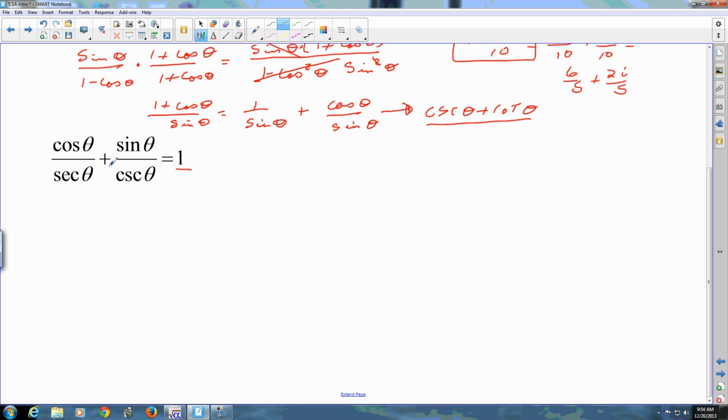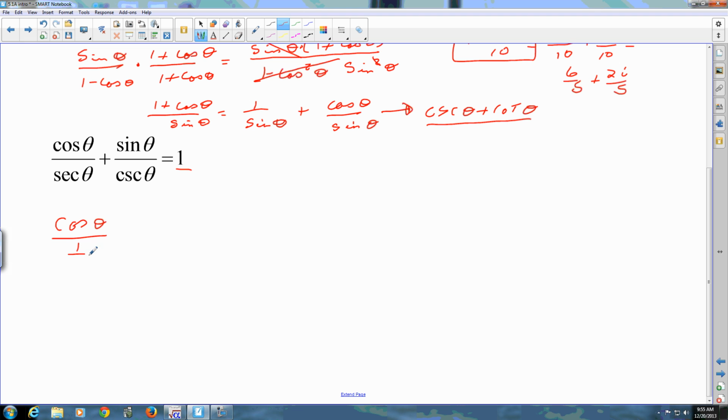it's begging you to add them together, but before I do, I'm going to write stuff all in terms of sines and cosines. When you have trig functions and the cofunctions all in the same problem, that should raise a red flag for you. So before you add, get stuff all in terms of sines and cosines.